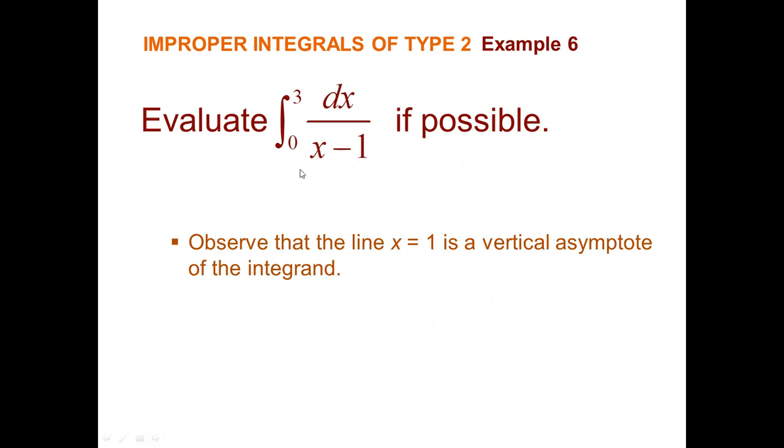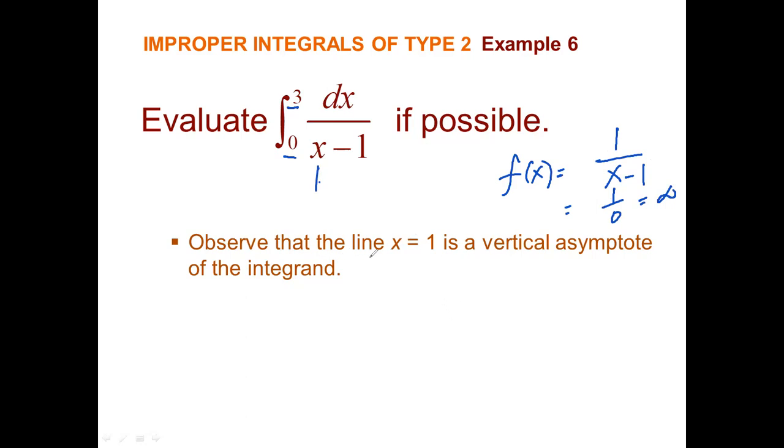But remember that when you have the limits 0 to 3, in between 0 and 3 is 1. And if you have 1 minus 1, your function is 1 over x minus 1. So if you substitute a 1 here, that would be 1 over 0, and that would be infinity.